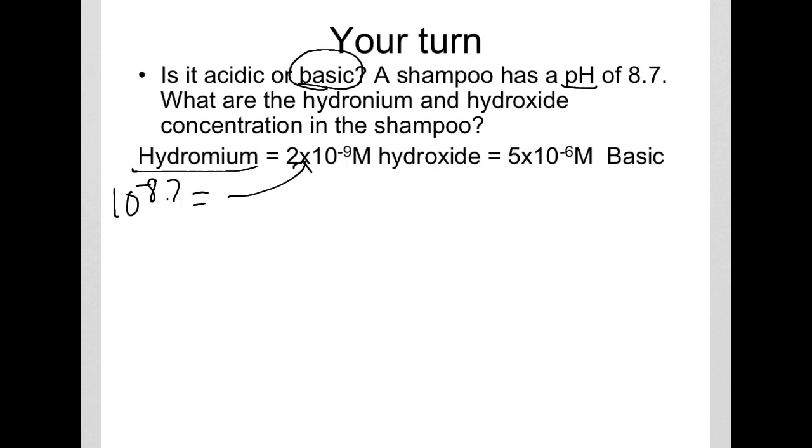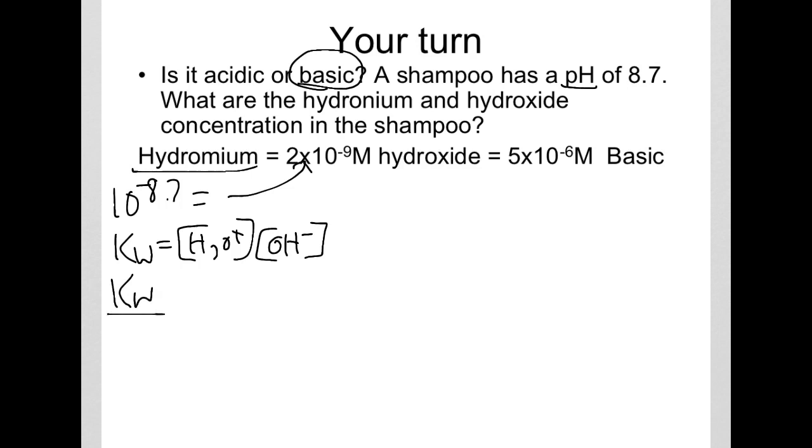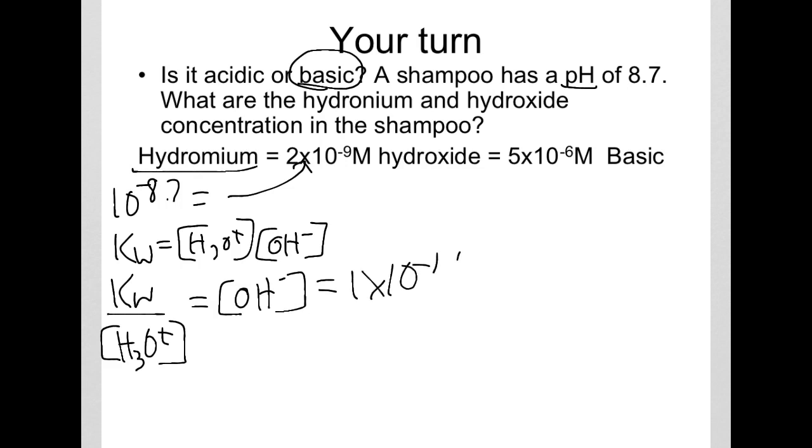And to determine my hydroxide, I need to use my product of water again, because that's the only way I can determine my other portion, the hydroxide, in which Kw will be 1 times 10 to the negative 14th.